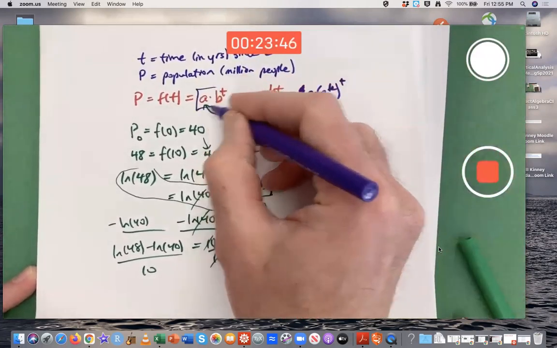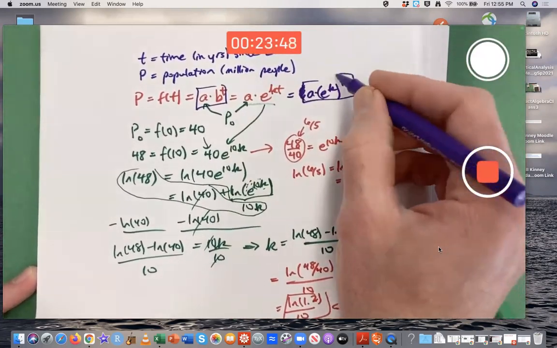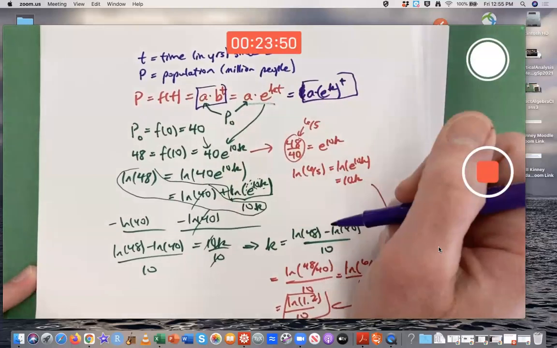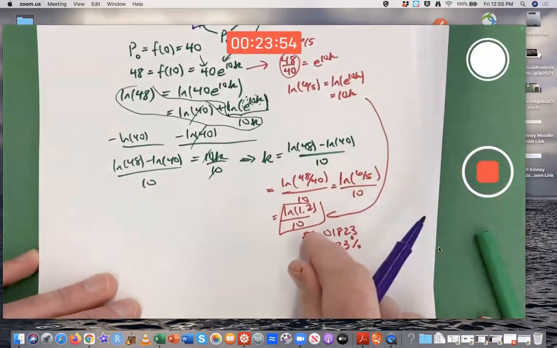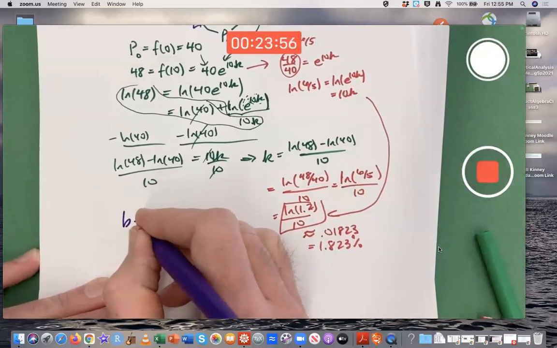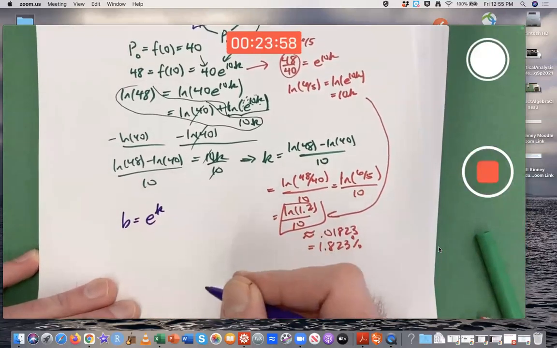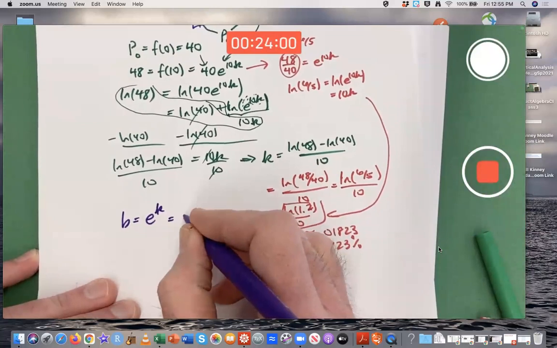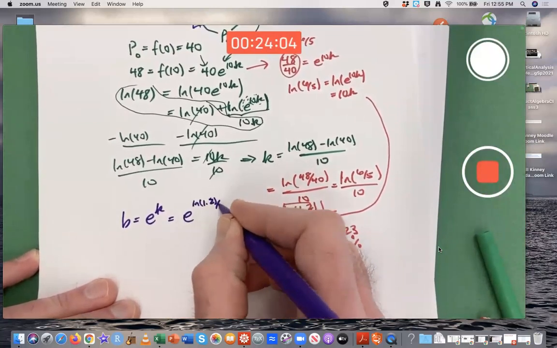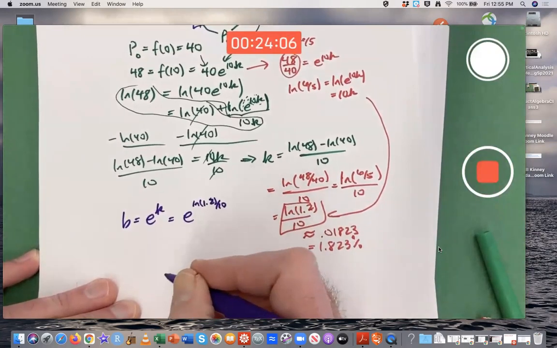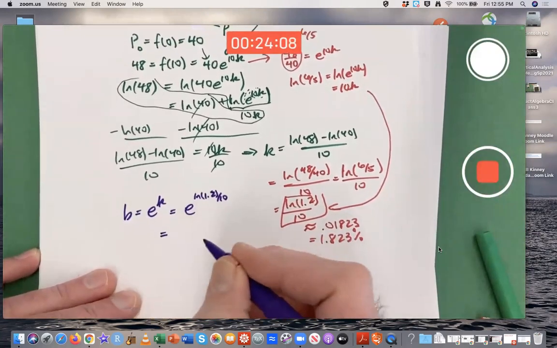And these two things are going to match exactly when b is equal to e to the k. So if you know k, which we just figured out, b is going to be e to the natural log of 1.2 divided by 10, which you can plug in your calculator, or you can also do a little simplification first.